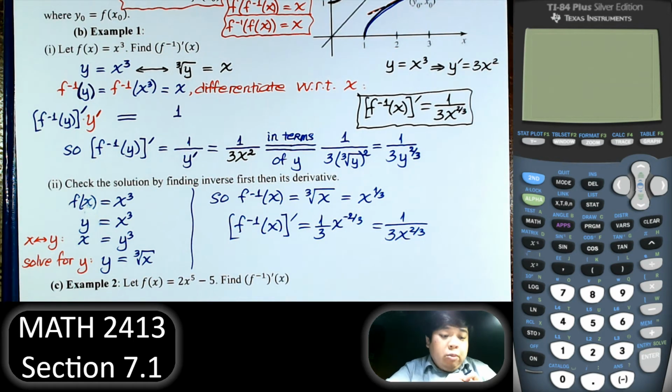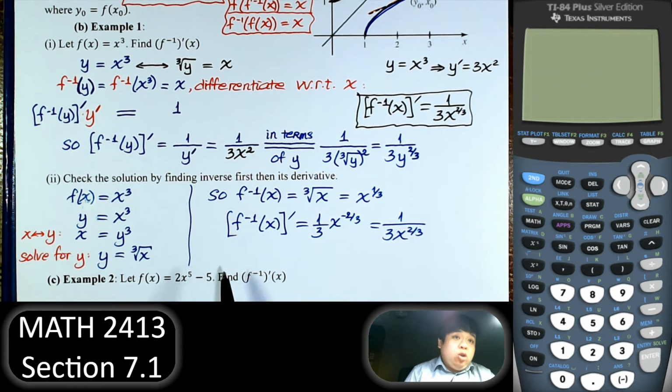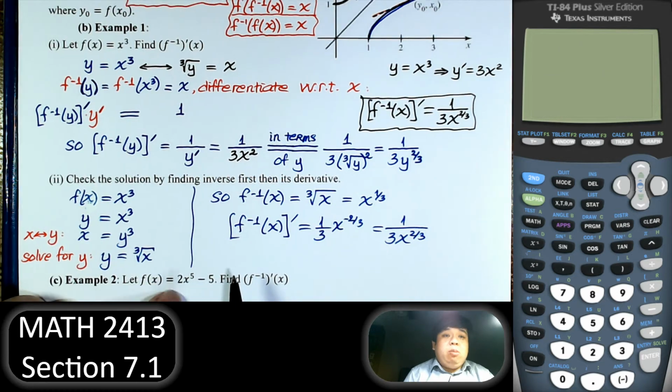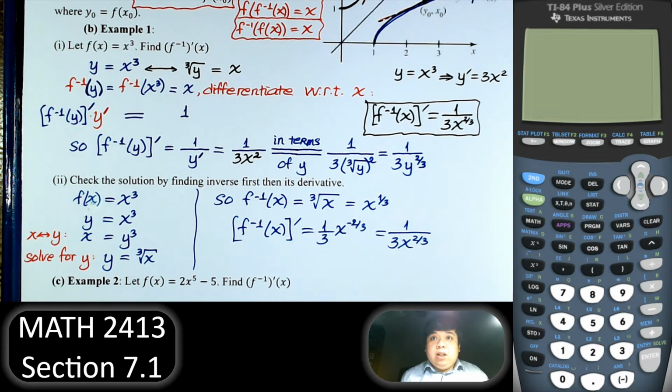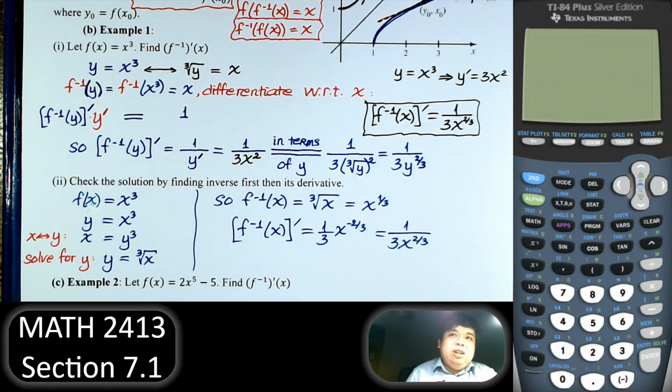Well, the problem is sometimes, even if we can solve for the inverse, if the inverse is complicated, that might be a problem. So when we go to section 7.5, when we have the inverse trigonometric functions, we're going to use the same thing. And that will be helpful even though we can find the inverse, because we might not be able to take the derivative, right? For example, if we have sine equal to something, then we have inverse sine.